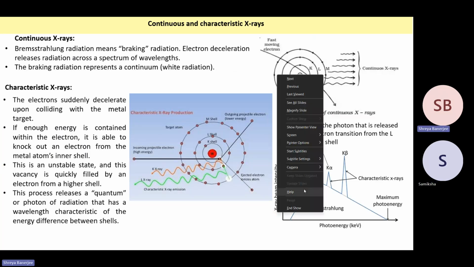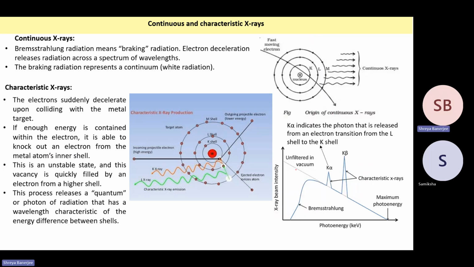See, imagine, intensity is on the y-axis and energy is on the x-axis. So suppose you have only continuous X-ray, then you have a graph like this, where you have multiple X-rays of multiple energies and multiple intensities. So you have a range of X-rays that are being produced.